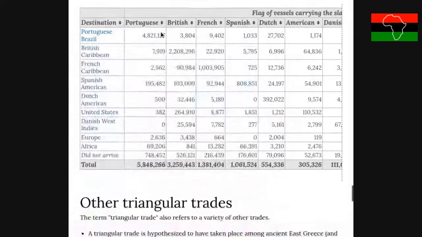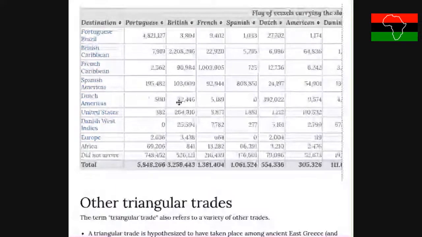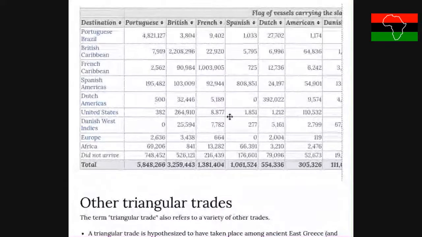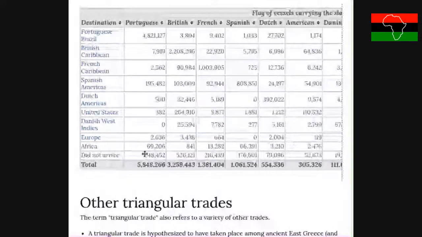You got Portuguese Brazil, British Caribbean, French Caribbean, Spanish Americas, Dutch Americas, United States, Danish West Indies, and Europe, and Africa, and how many of those did not arrive.